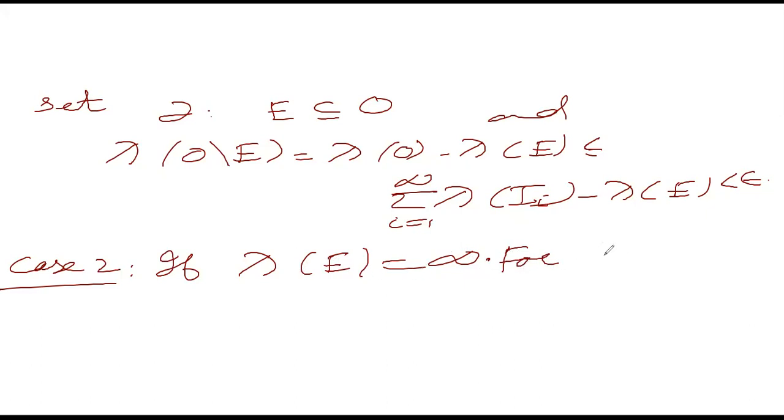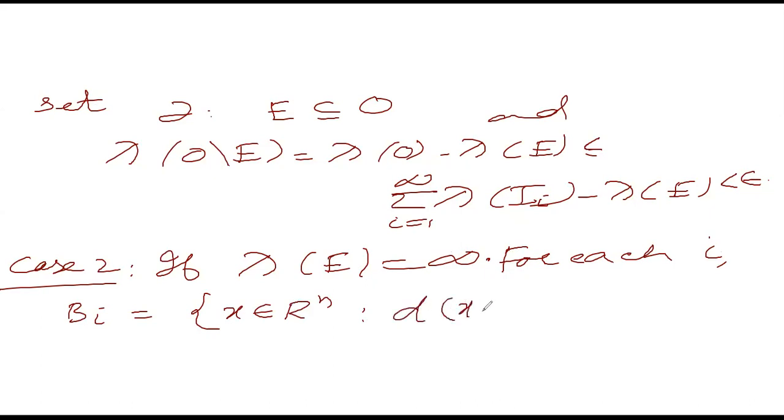For each i, let's define the set B_i, which is equal to the set of x belonging to R^n, those n-tuples such that their distance from the zero vector is less than or equal to i.